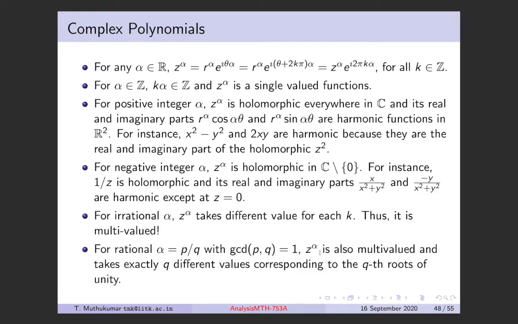So z^alpha is multi-valued and takes exactly q different values corresponding to the q roots of unity. So these two are multi-valued functions. But you can restrict them using branch cuts and so on, to make them single valued.